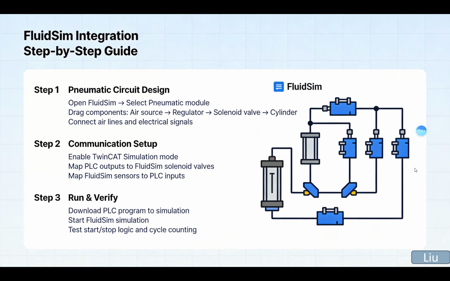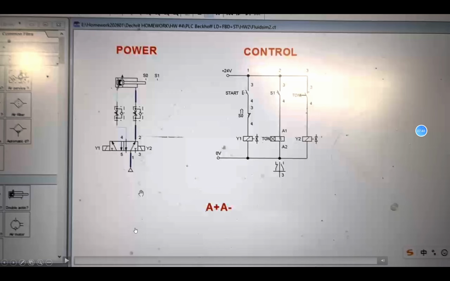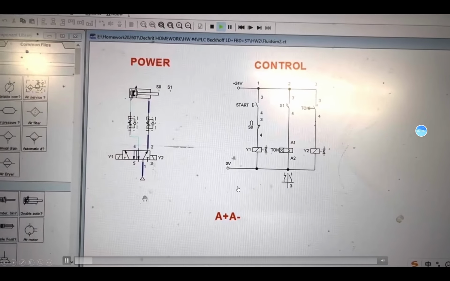For FluidSIM, you can see the step-by-step guide: pneumatic circuit design, communication setup, and run and verify. So the overall workflow, you can see. Okay, so let's see the simulation.